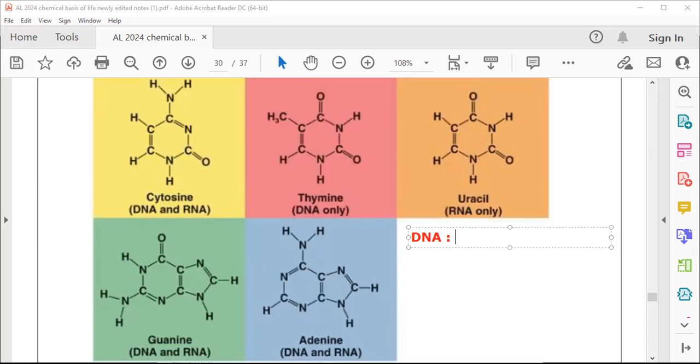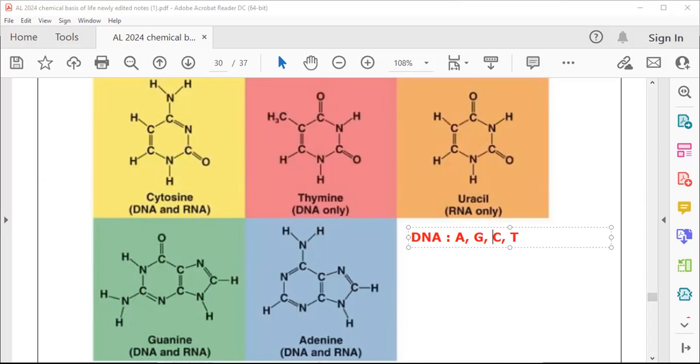So, if you take DNA, what are the nitrogen bases found in the DNA altogether? Cytosine, thymine, guanine, adenine. Generally, we write like this, that is easy: AGCT.